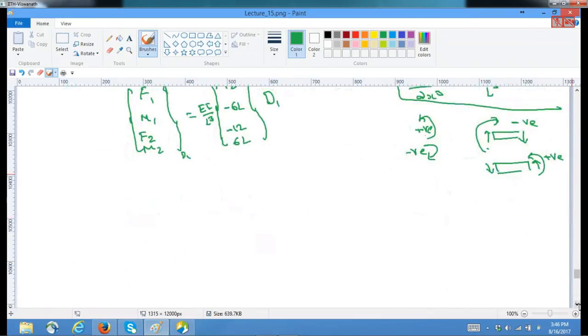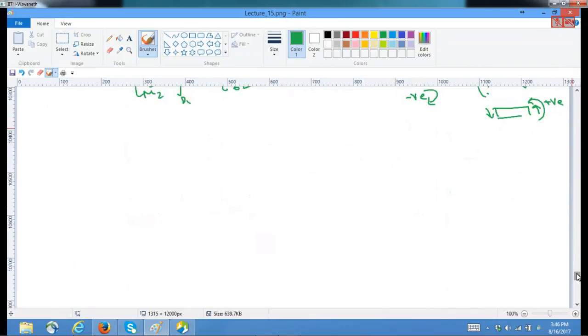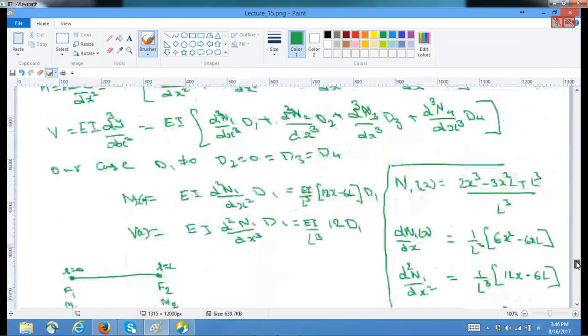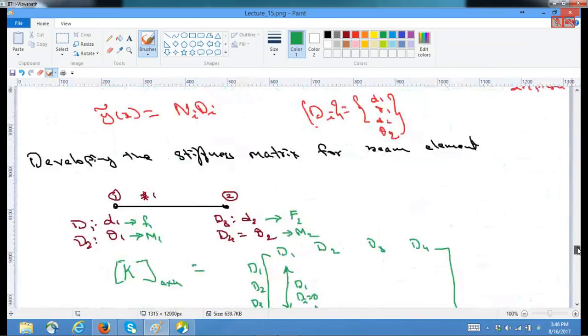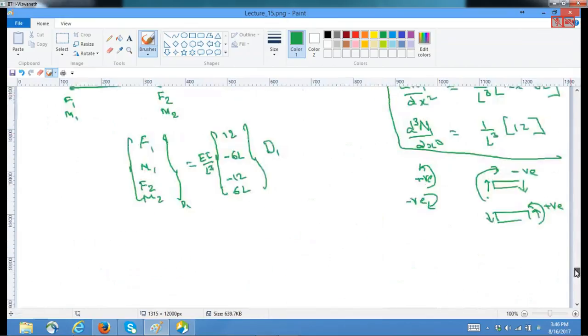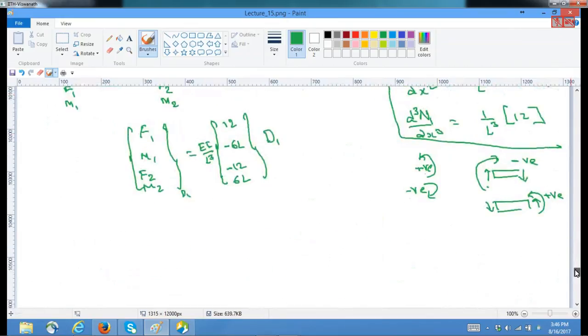So that means, in order to displace this node with only degree of freedom 1 and all other things 0, this amount of shear force and bending moment I need to enforce to keep it in equilibrium.